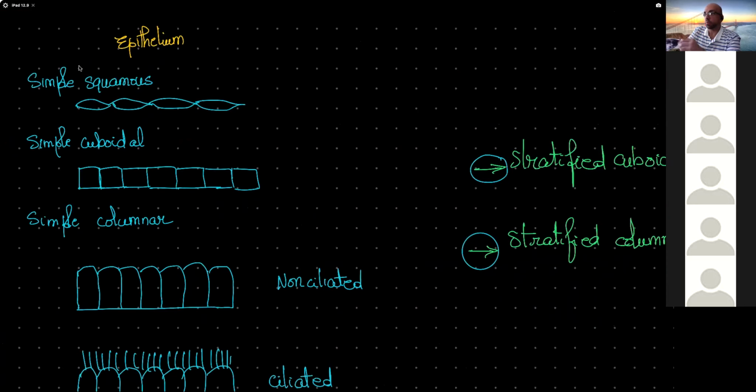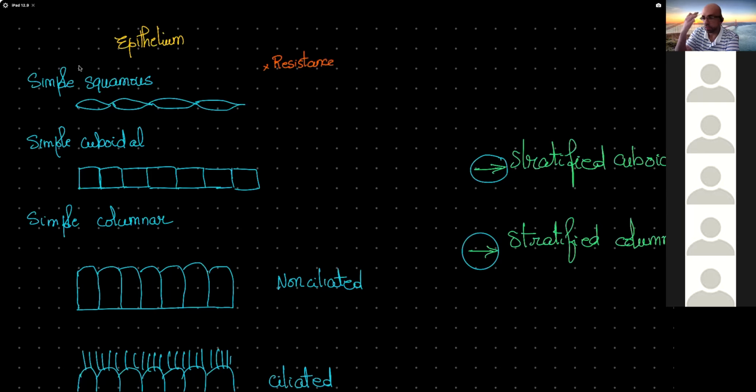So simple squamous epithelium. I have one row of flat cells, one layer of flat cells. So where do I actually need to have one layer of flat cells? If I do want to have a minimal resistance, very minimal resistance.